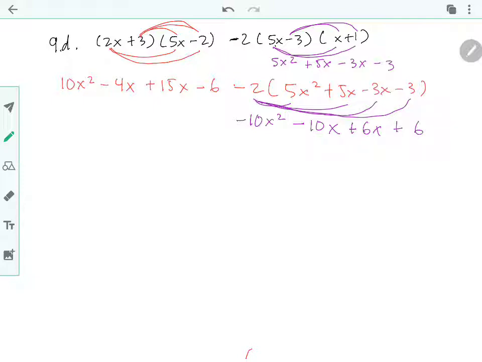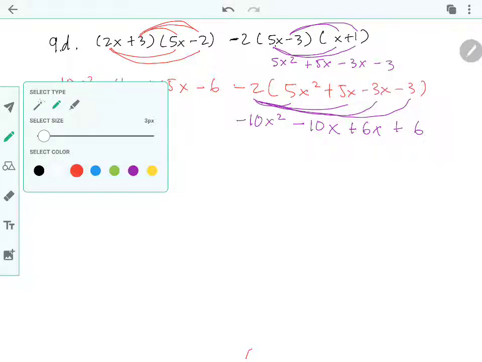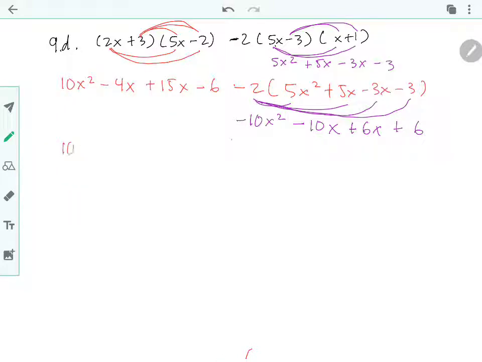Now we combine all the answers together: 10x squared minus 4x plus 15x minus 6 minus 10x squared minus 10x plus 6x plus 6.